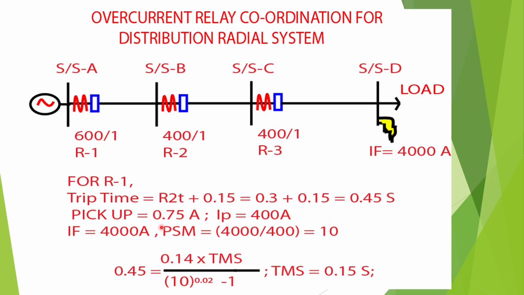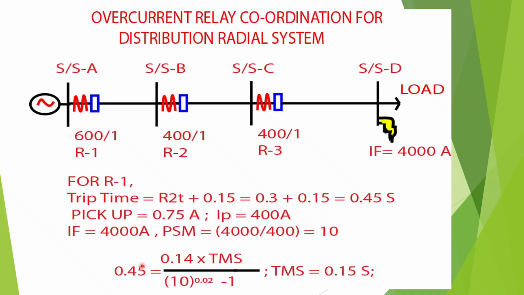In terms of the secondary value it is 0.75 ampere, and in terms of the primary value it is 300 ampere. Since the fault current is 4000 ampere, the value of the plug setting multiplier is 10.